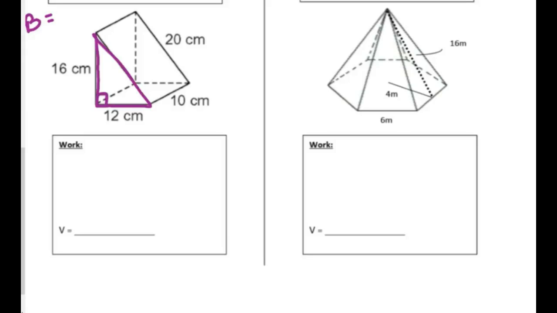It's base times height, and then divide it by 2. If you don't divide by 2, you're not doing a triangle. Because Ms. Barrera wants you to know a triangle is half of a rectangle. If you cut it from corner to corner, you get a triangle. Okay?